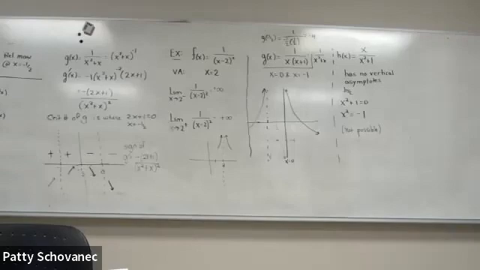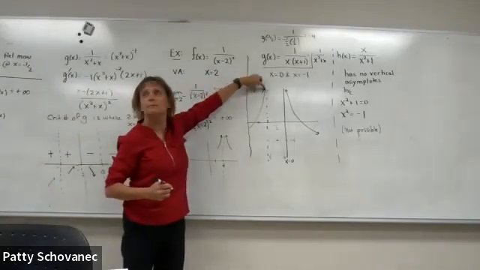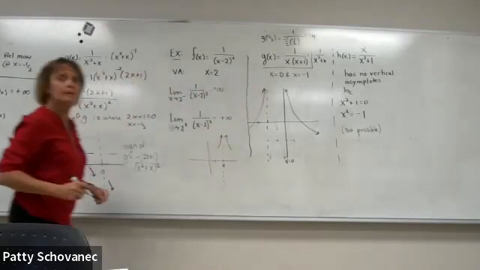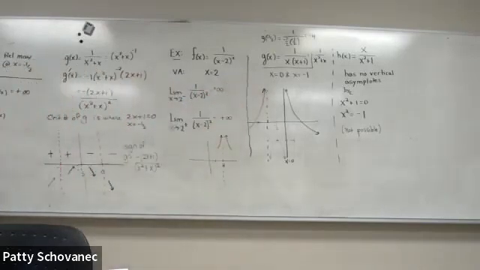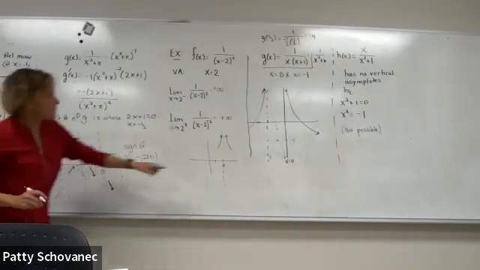So describe for me the graph when x is slightly to the left of -1. Which way is the end going? +infinity. That's this piece. Okay. All right. Another choice. +infinity or -infinity when x comes to -1 from the right. That's this piece.